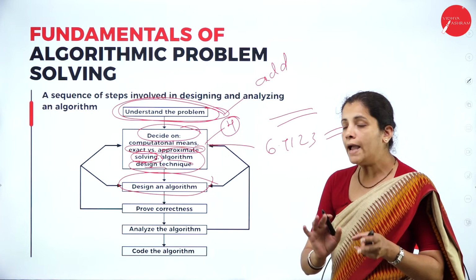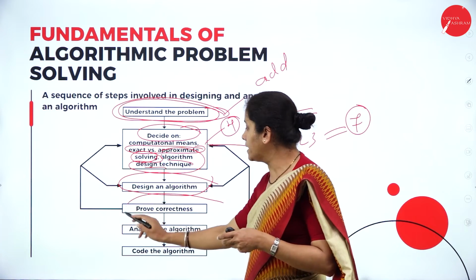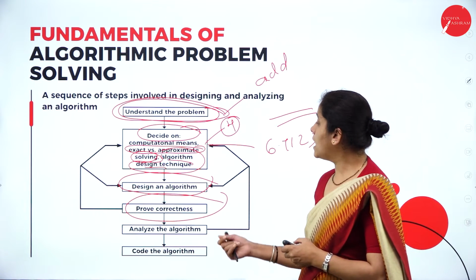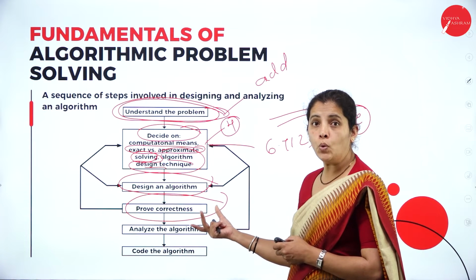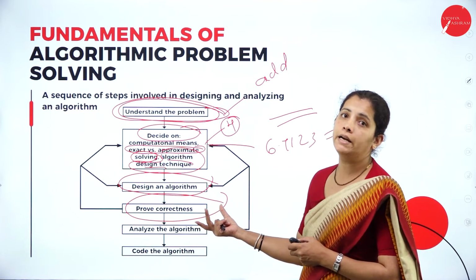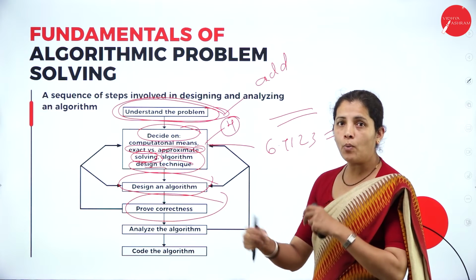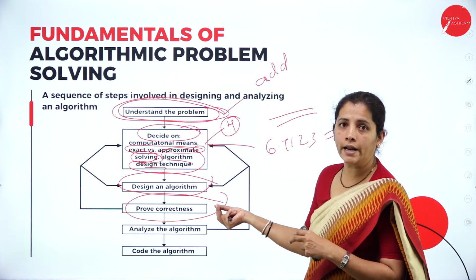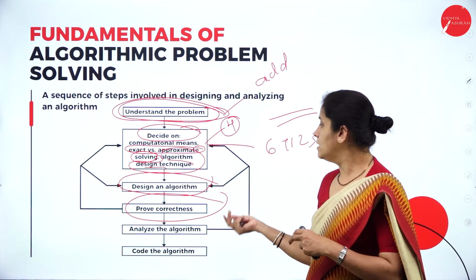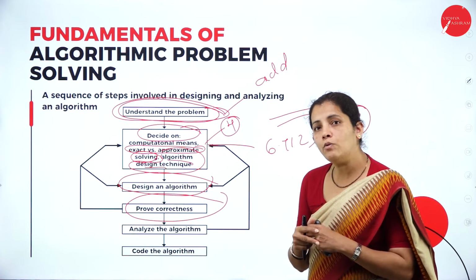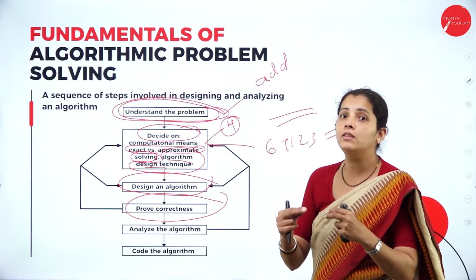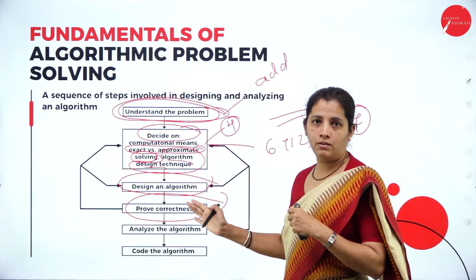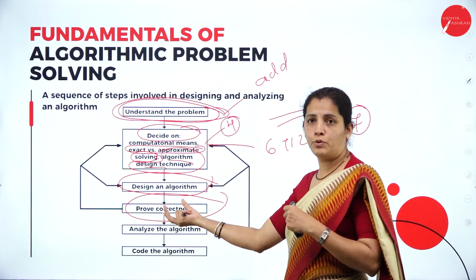Then I want to check the correctness. I want to prove the correctness. The correctness can be proved by using mathematical induction. By providing different kinds of input, we are going to check the correctness of an algorithm. After that, what do I want to do? I want to analyze the algorithm properly. If I get the proper output, fine.